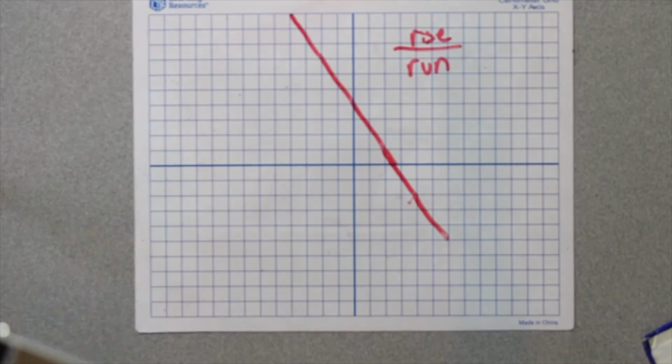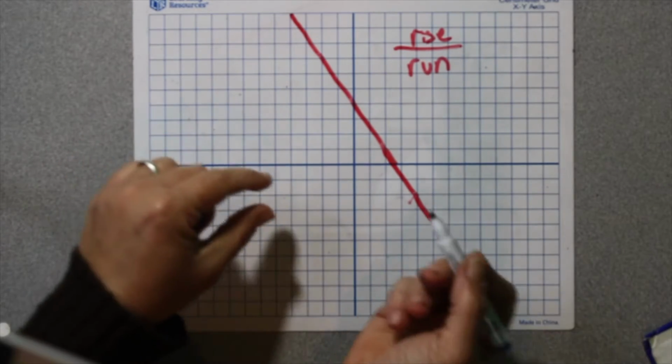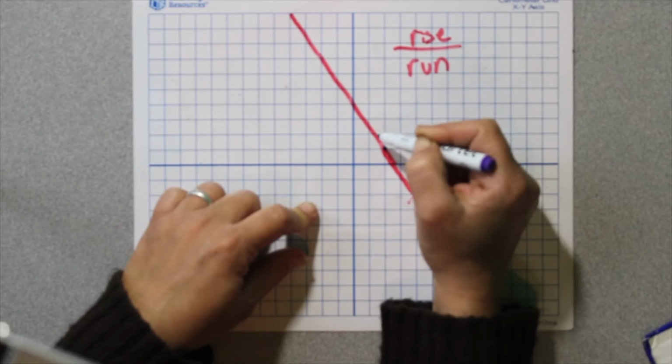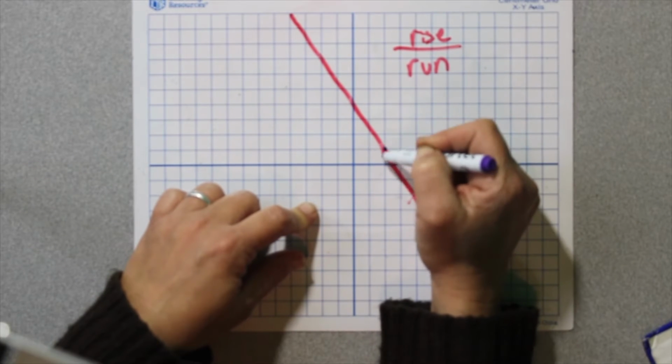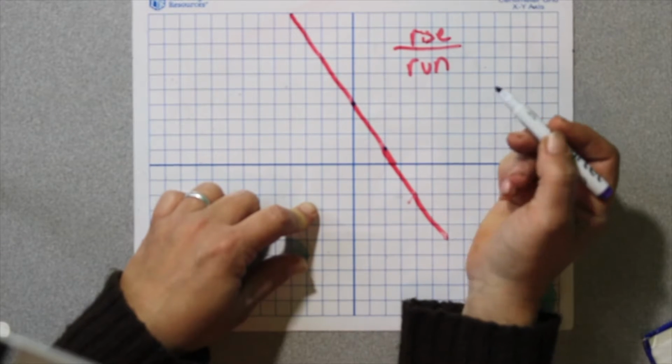The rise is going to tell us how much we changed on the y-axis, how much we went up and down, and the run is going to tell us how far we went back and forth on our x-axis. So let's pick two places where it's touching. So right here it's touching, and then right here it's touching.